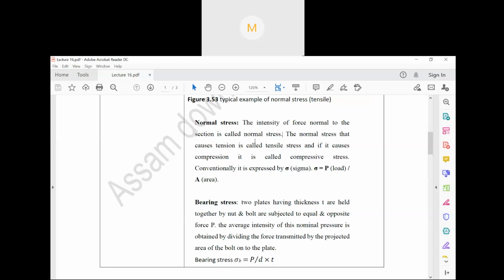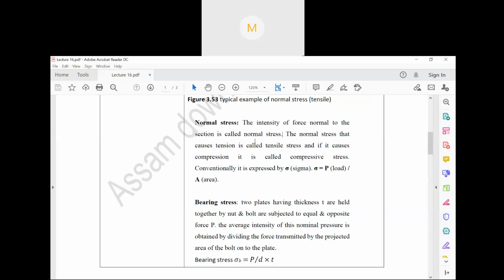In joining two plates, if you see bridges, especially the bridges which are made up of steel, then in order to join two panels, they use nuts and bolts.